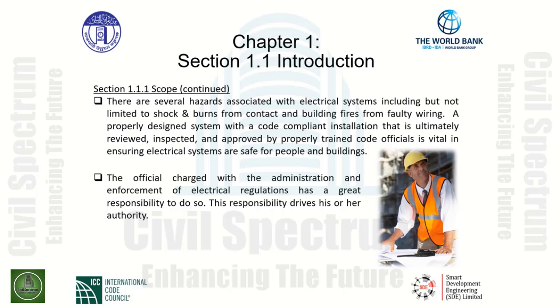The code official is charged with the administration and enforcement of electrical regulations, and also has a great responsibility to carry out the duties to make sure that people are safe after the installation of electrical systems. This responsibility drives his or her authority accordingly.